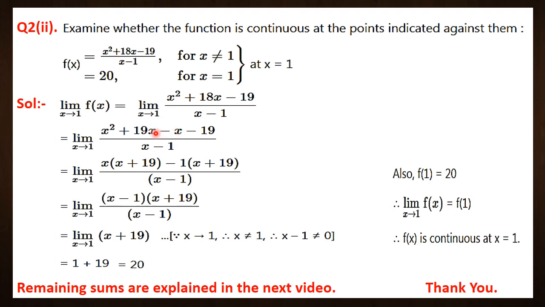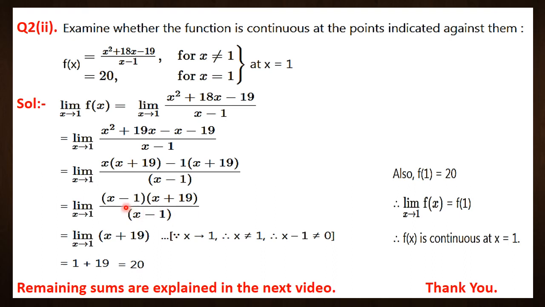So we split the middle term as plus 19x minus x minus 19. Again we can take the common factor from the first two terms as x, then x into (x plus 19), and in the last two terms we take the common factor as minus 1 into (x plus 19). So in these two terms x plus 19 is common. Take x plus 19 outside: (x plus 19) into (x minus 1).